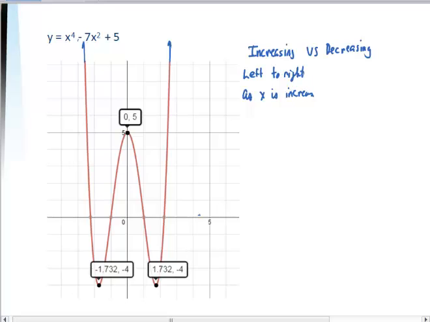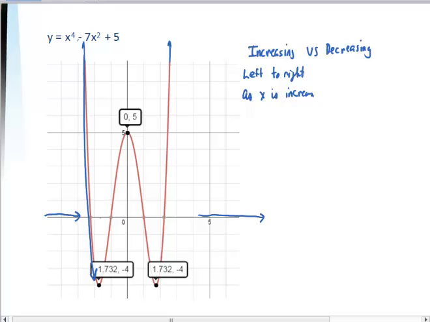So as you're heading this way on the x-axis, if the function is going up in value, the function value is the y value, then the function is increasing. For example, on this graph, as we progress this way on the x-axis, the function is heading down, and that down is decreasing behavior.